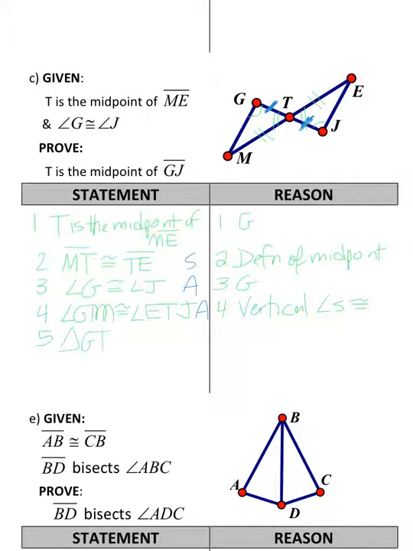Be sure that you are naming corresponding parts. So I have triangle GTM is congruent to triangle JTE, and that's by angle-angle-side is how I like to refer to it. And my two angles were proven congruent in lines 3 and 4, and my segments were stated congruent in line 2.